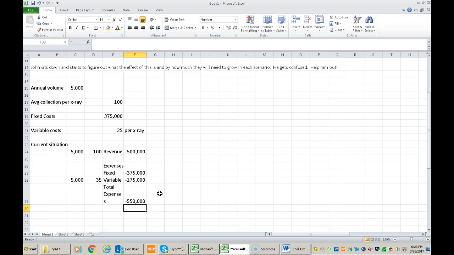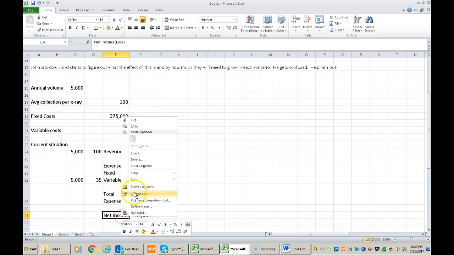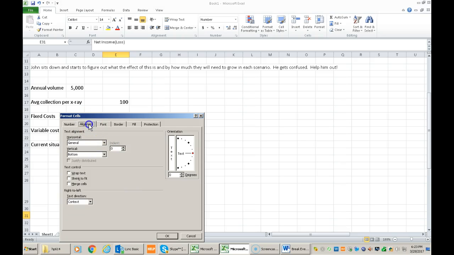Okay, so our total expenses are $550,000, and so our net income, or loss in this instance, is plus 500,000 less our total expenses. So we have a loss of $50,000. So that's great. What do we do with that?